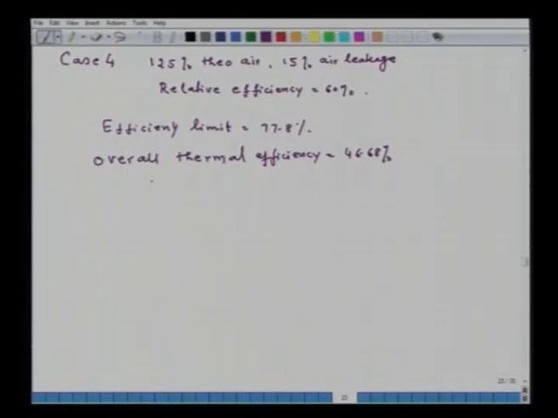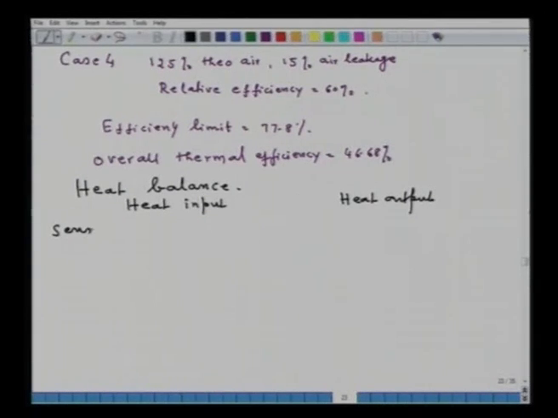So, now if I do the heat balance, then heat input and heat output, now the heat balance of a regenerator.